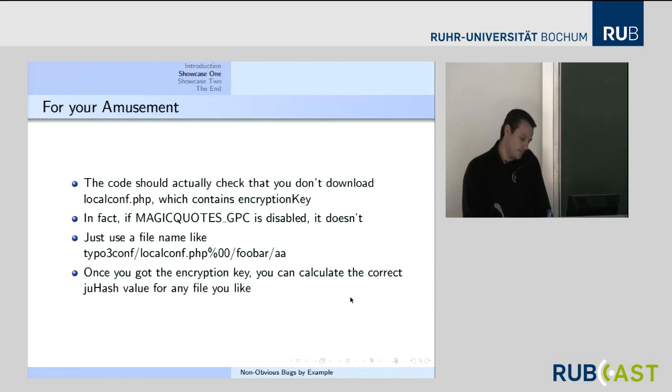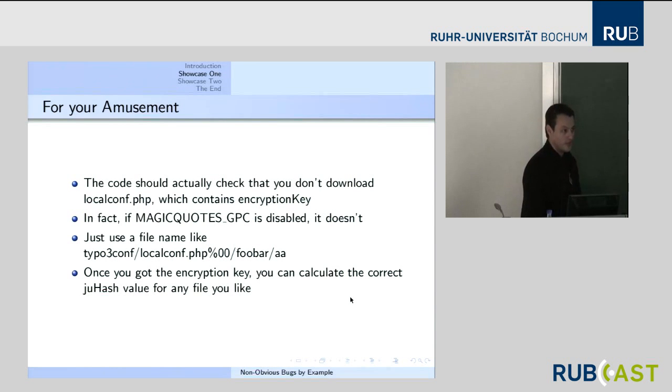And to make it even worse, there is some other minor issue. The secret key that it uses is stored in a file named localconf.php. And the code should actually make sure that under no circumstances you can download localconf.php.